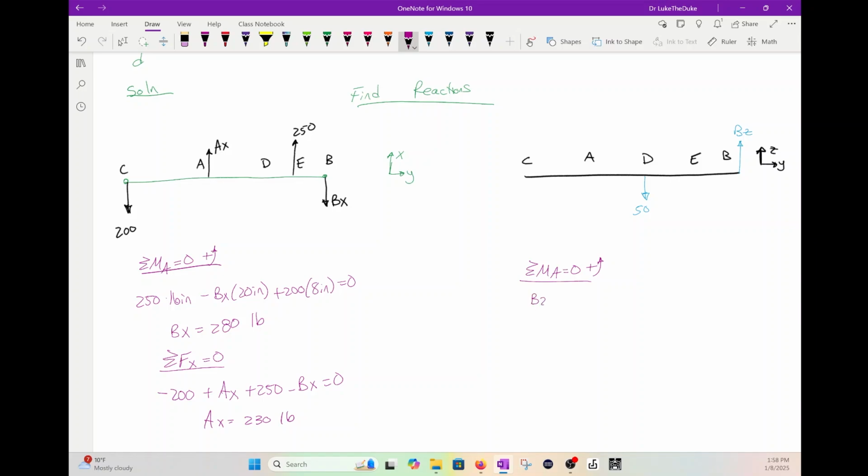We have BZ times 20 inches minus 50 times 8 inches equals 0. BZ becomes 20 pounds. Oh, and I forgot over here, this is AZ. Sorry about that.